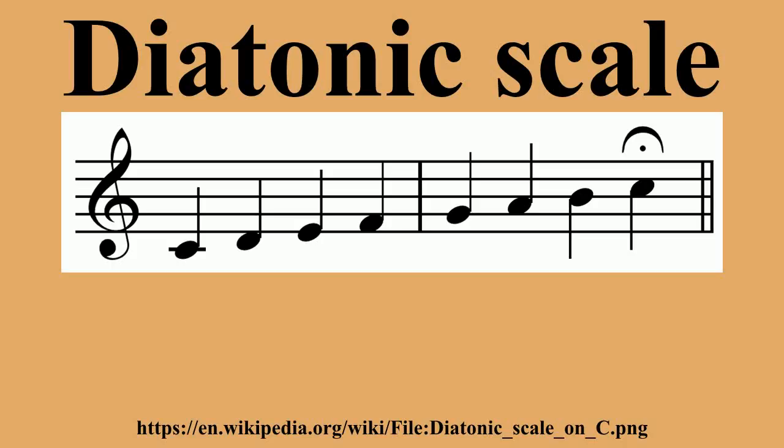from each other. The word diatonic comes from the Greek diatonikos, meaning progressing through tones. The 7 pitches of any diatonic scale can be obtained using a chain of 6 perfect fifths.